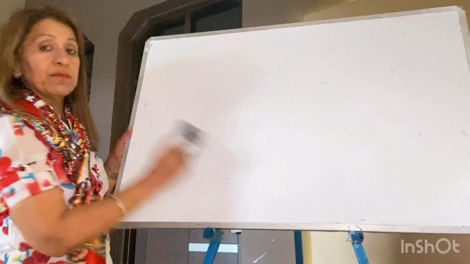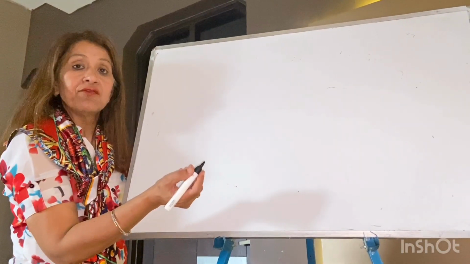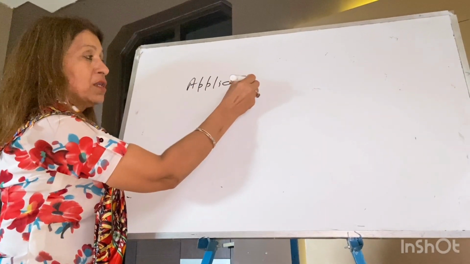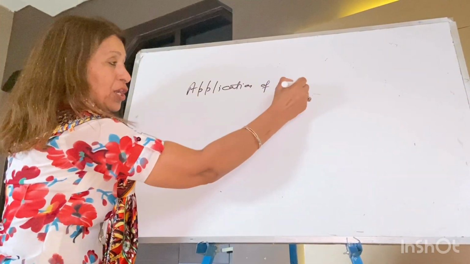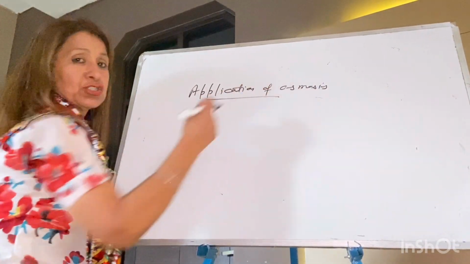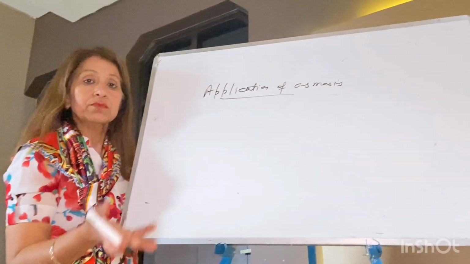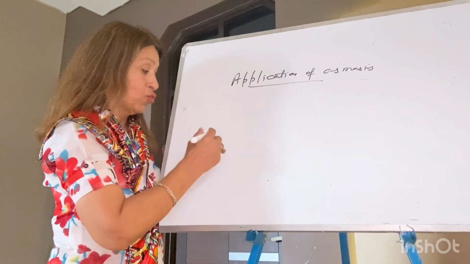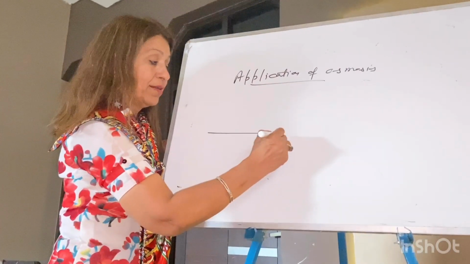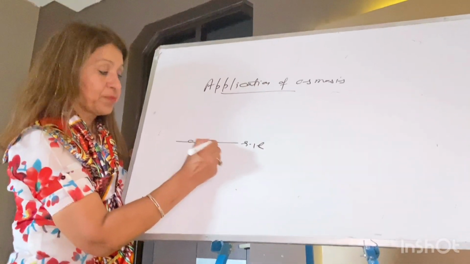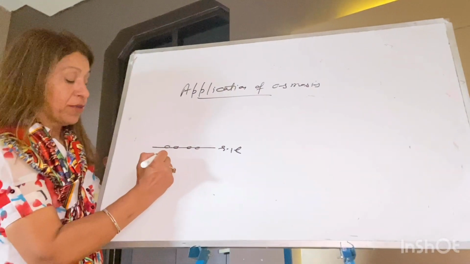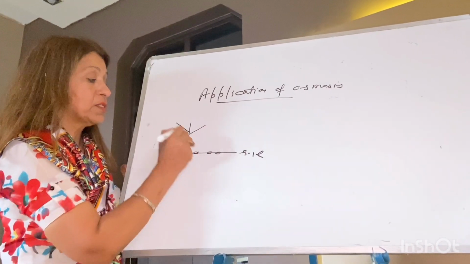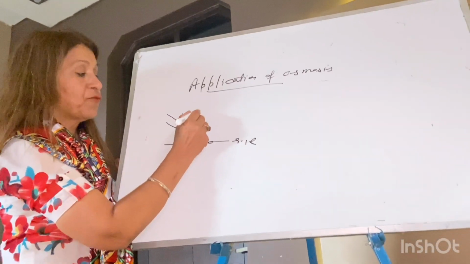Now the next subtopic, my request to all of you: do it yourself because it's a very simple topic. It's the application of osmosis, and we have seen so many applications of osmosis in our daily life. For example, during flowering, when we give water to the plants, to the seeds in the soil, the water goes up the stem, then branches, flowers, fruits.